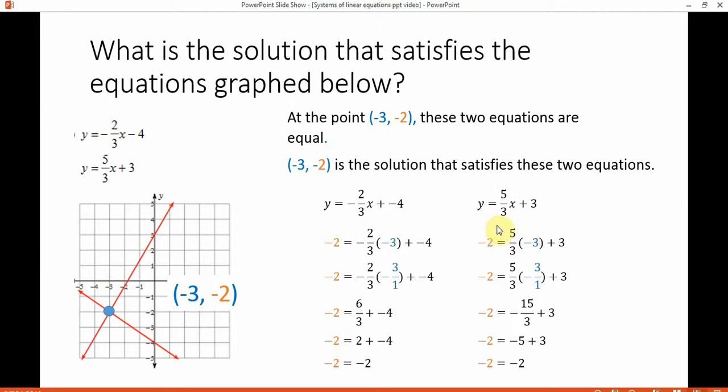It made both of these equations true. In other words, it's a point on both of these lines.